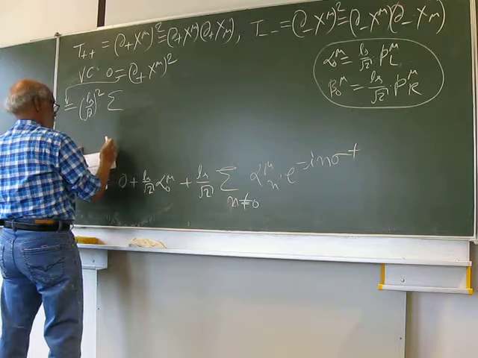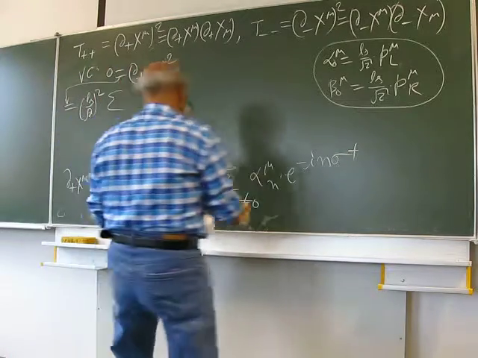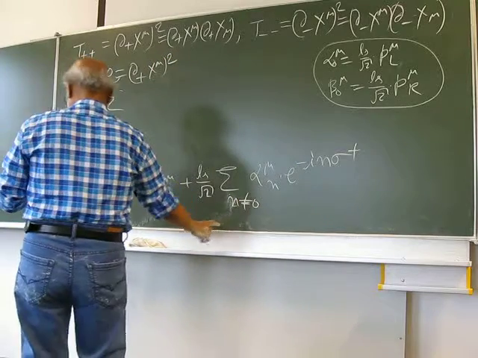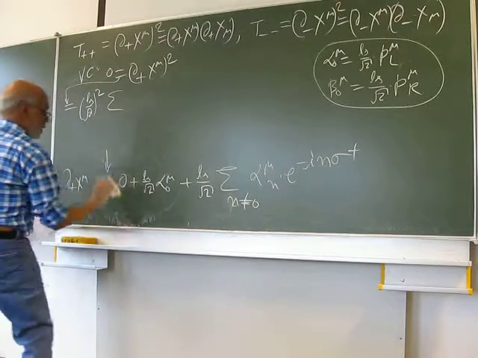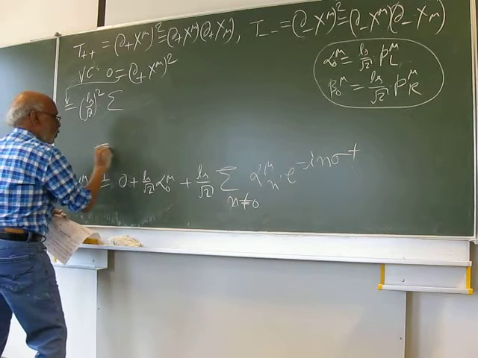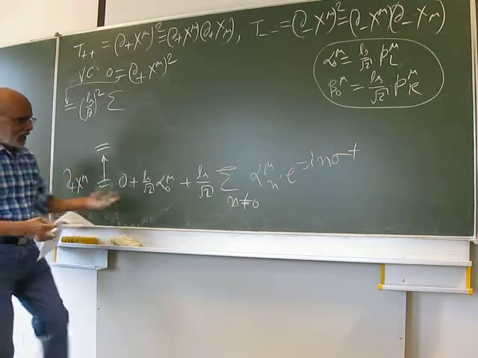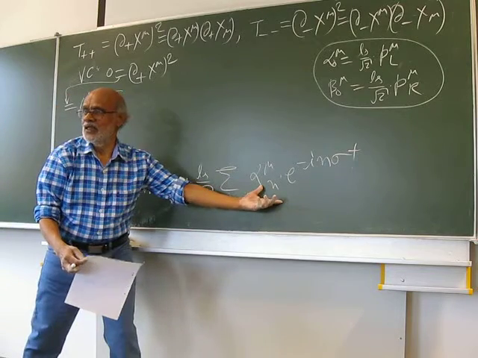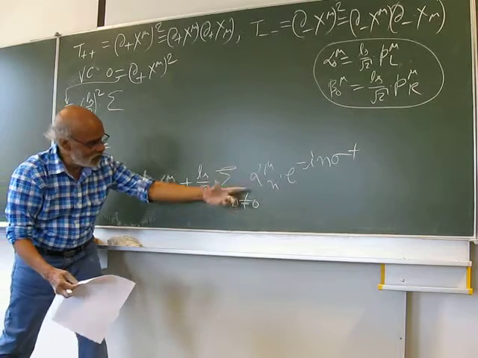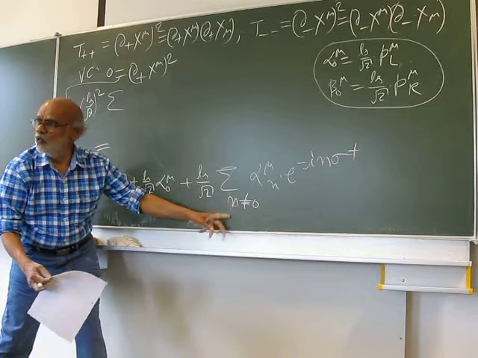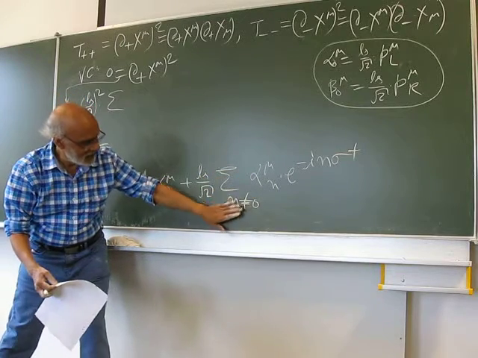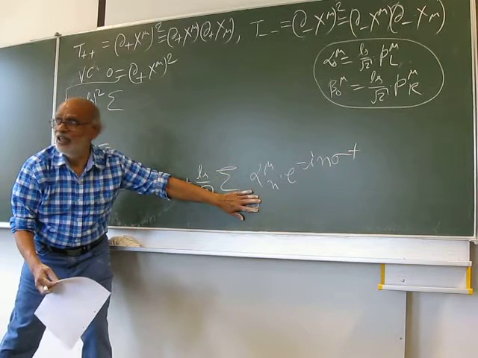summation over, could I use this result and go one step further and absorb this into this, because this term does not involve n equal to 0, so I could absorb this term also here, and then at that point of time I would not say that n is not equal to 0.